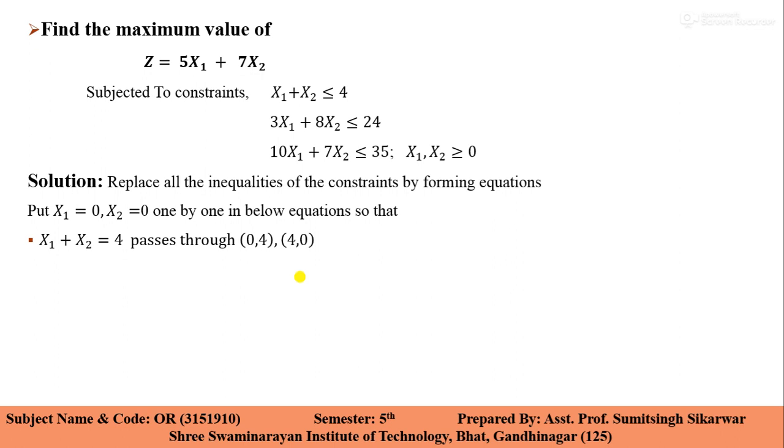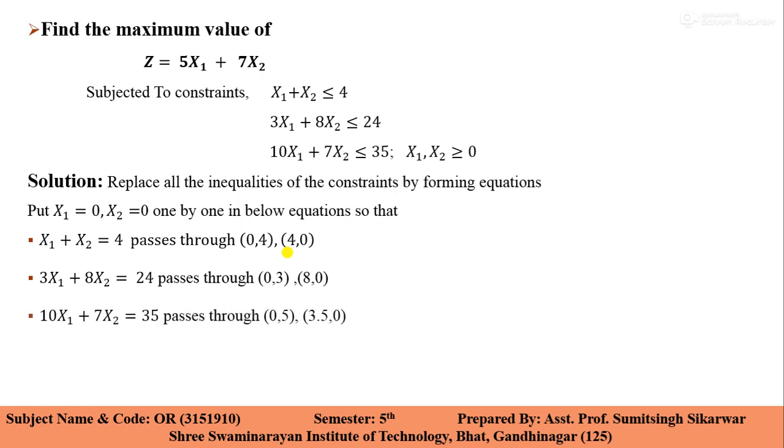And if you put x2 equal to 0, then you have x1 equal to 4. So the line x1 plus x2 equal to 4 passes through (0, 4) and (4, 0). Similarly, the line 3x1 plus 8x2 equals 24 passes through (0, 3) and (8, 0). And our last line 10x1 plus 7x2 is equal to 35 passes through (0, 5) and (3.5, 0) points.